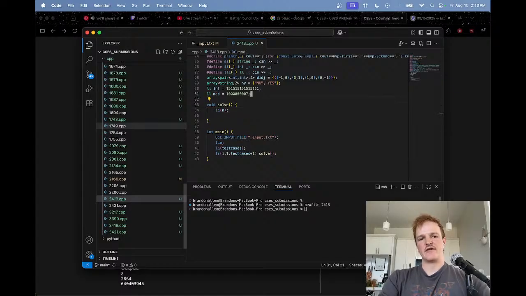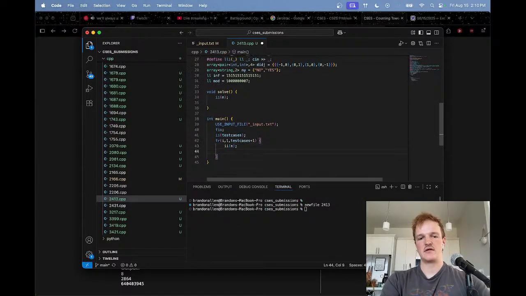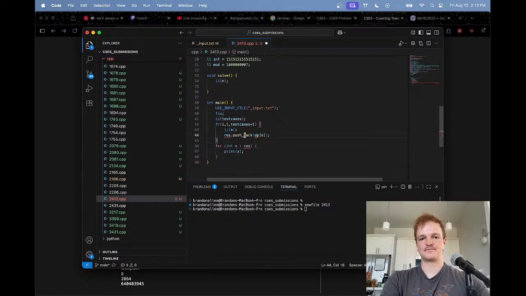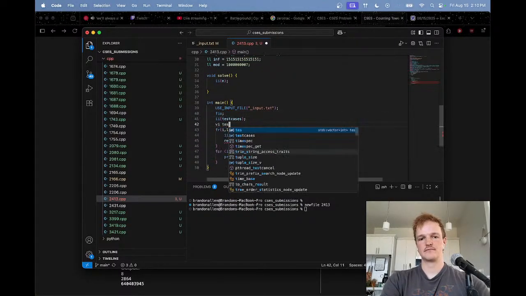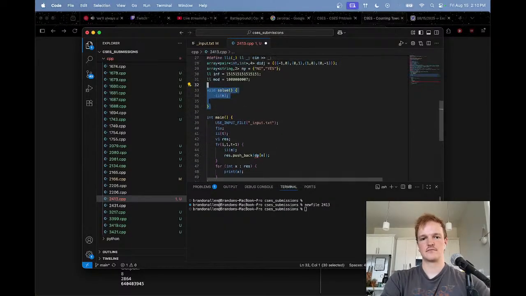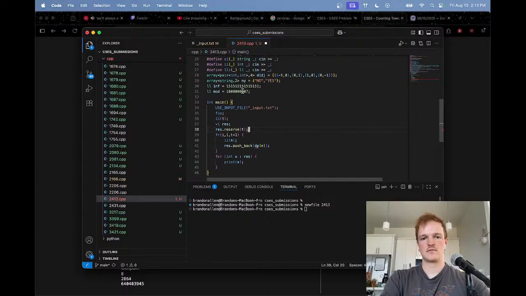I barely even need this solve thing. I think I could just say input n, res dot pushback dp at n. Oh my god. For int x in res, print x. Okay, good.